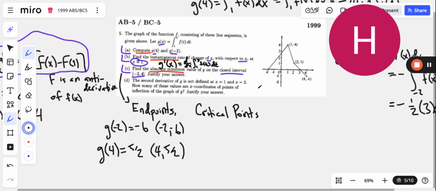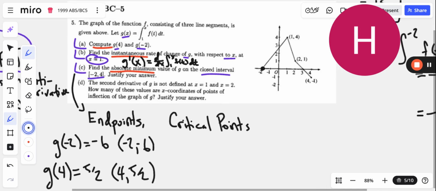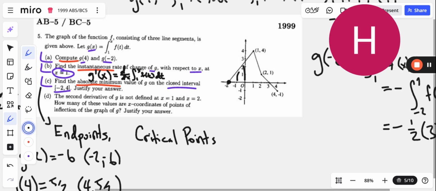Now, just to give you an idea of how g changes, we start off at -6 over here, and as we go to the right, we're adding more area. So it's increasing, until we get here to 0, and then it finally starts decreasing. So I really have no reason to believe that the minimum value is lower than -6.